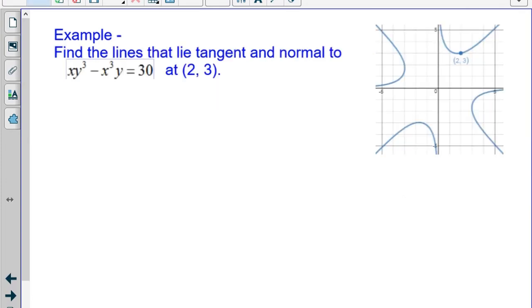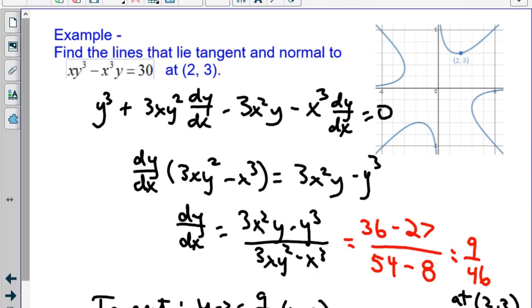I want you to try this one by yourselves, and then I'm going to put the answer up. The first thing we're going to do is take the derivative of this. So we do the dy/dx thing. We get all the dy/dx parts on one side, and we factor them out. And then we take all of the parts that don't have dy/dx, and move them to the other side. Then we divide.